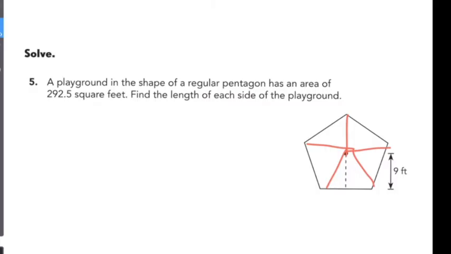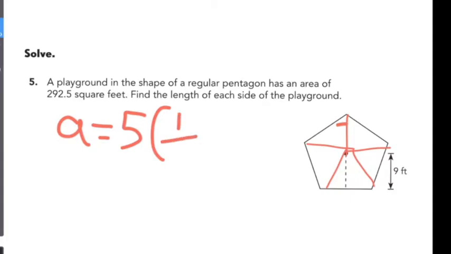Okay, so the formula would technically be the area of the whole pentagon equals 5 sides, because there's 5 triangles, times the formula for a triangle, which is 1/2 base times height. Let's fill in what we know.